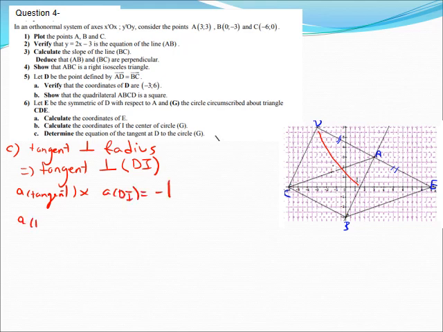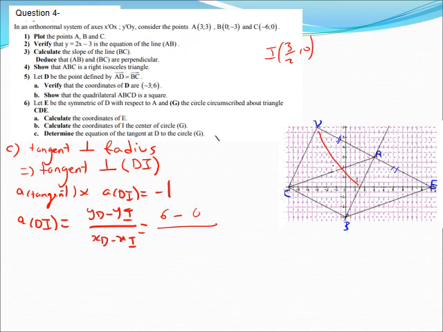First, find the slope of DI. Slope of DI equals yD minus yI over xD minus xI. yD is 6, minus yI of coordinate I (3 over 2, 0), which is 0, over xD minus xI, 3 over 2.